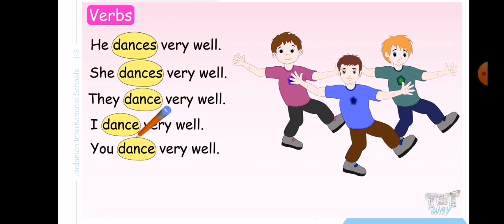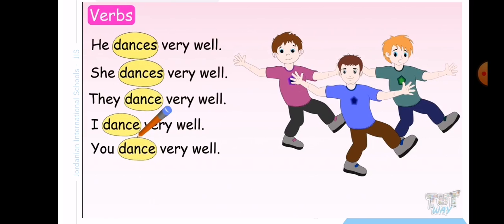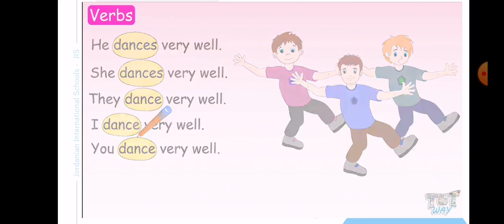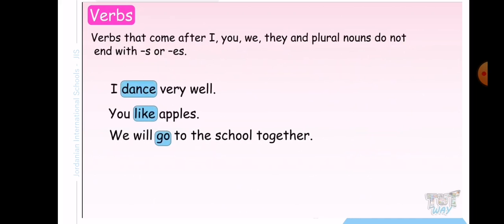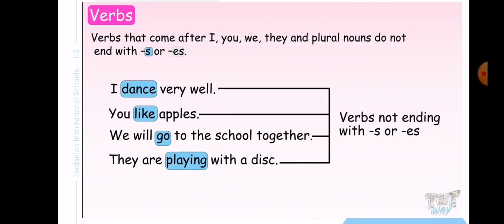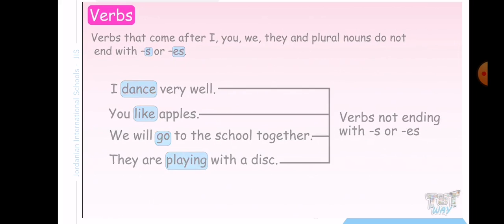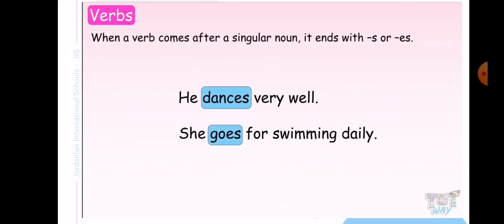So we have two forms of the same verb here, dance or dances. Let's learn the reason behind it. Verbs that come after I, you, we, they, and plural nouns do not end with S or ES. When a verb comes after a singular noun, it ends with S or ES.